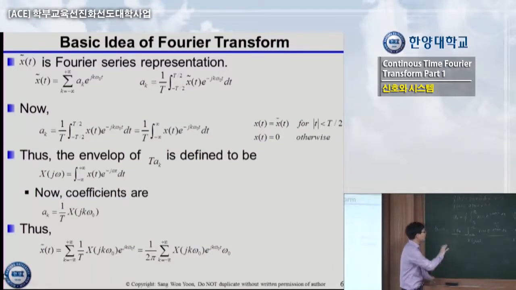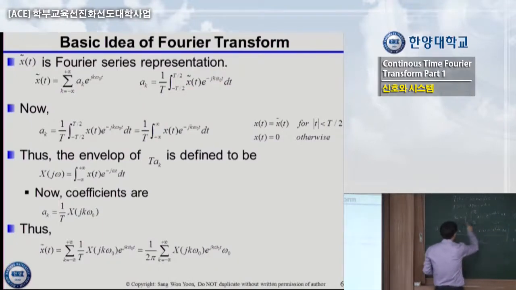So I keep on jumping back and forth between omega and omega 0, but the basic claim here is, let's find this when T goes to infinite. That's a basic claim in here. And we are jumping between x tilde of t and x because in one basic period, they will be the same. We keep on using those claims.